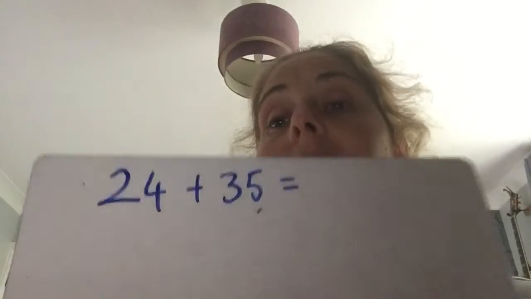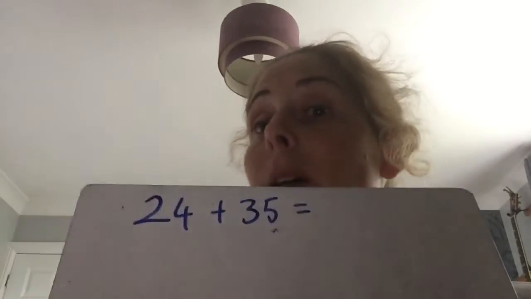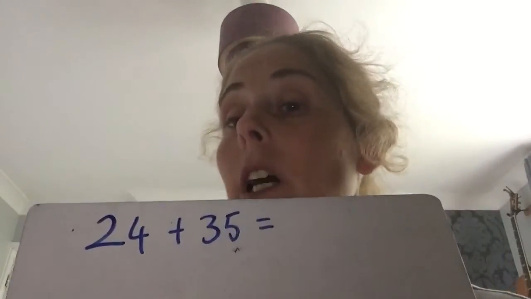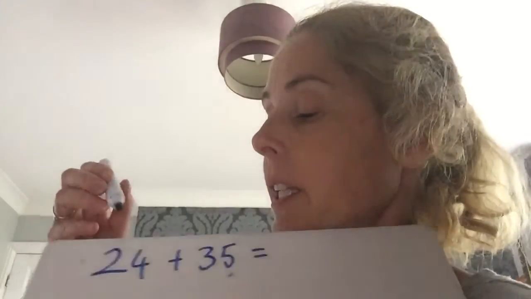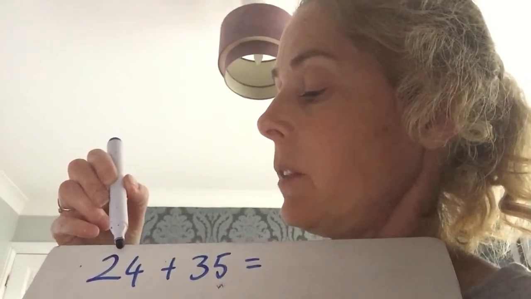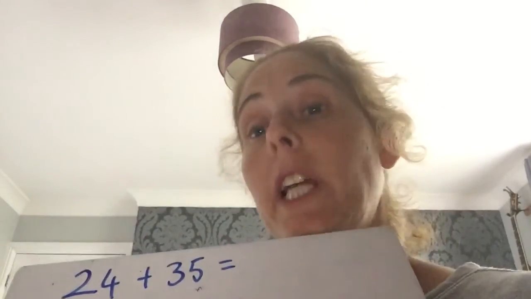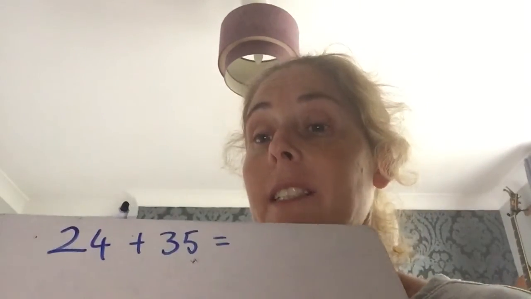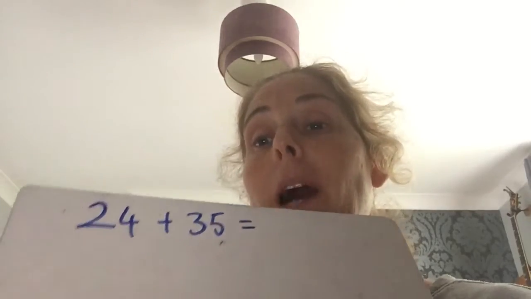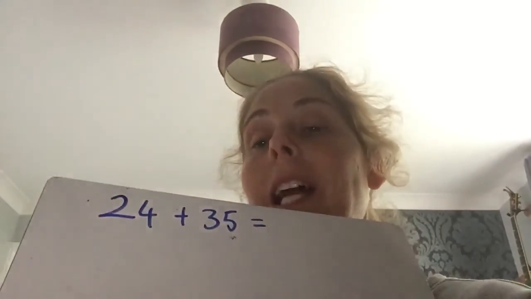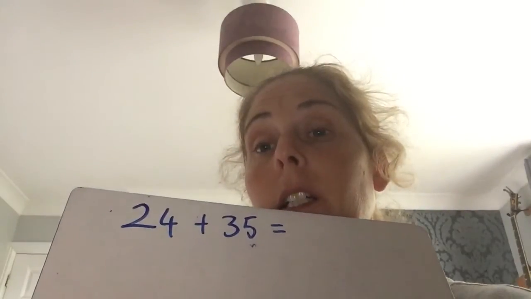But we're partitioning in a slightly different way, and we have partitioned like this lots of times before. So if we look at these numbers, we've got 24 and 35. Now we're not looking at how many tens and how many ones it has this time. We're looking at what will happen if we actually split, if we actually partition that number.